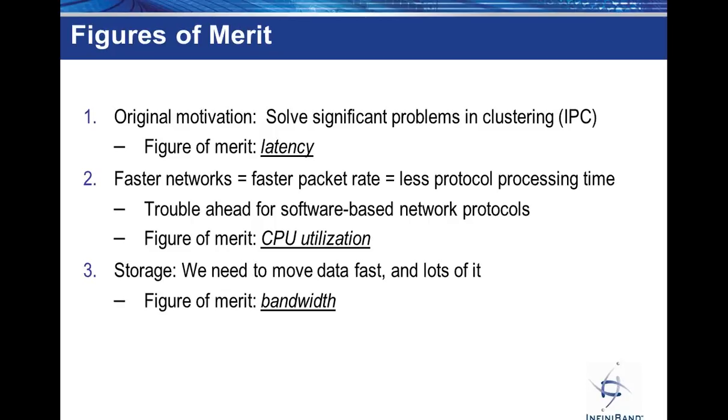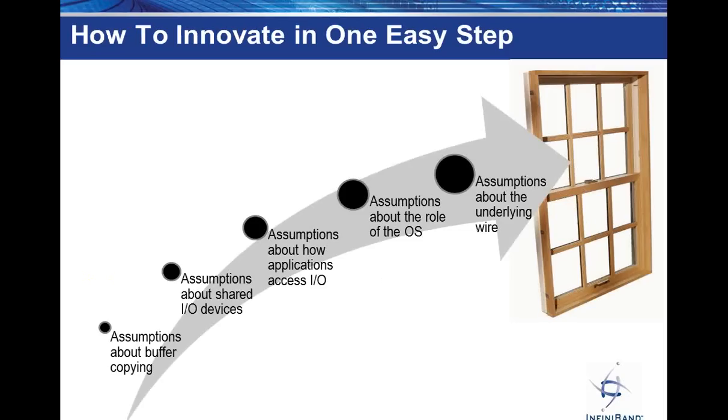And it was pretty quickly obvious that achieving them meant we would need to revisit a whole bunch of comfortable old assumptions about I/O architecture that we'd made in the past. Specifically, what we needed to do was chuck those assumptions out the window. We needed to look at assumptions about buffer copying and find a way to get rid of those buffer copies, chuck that assumption out the window.